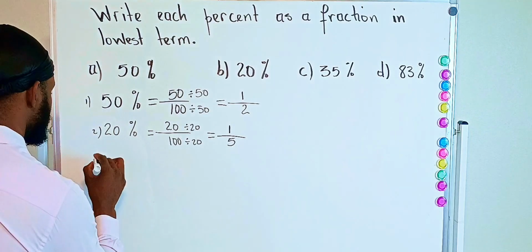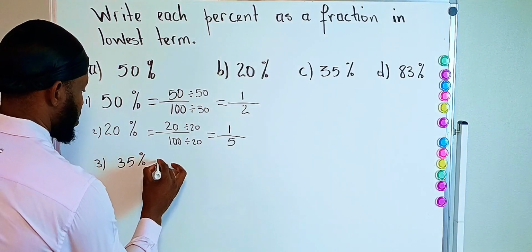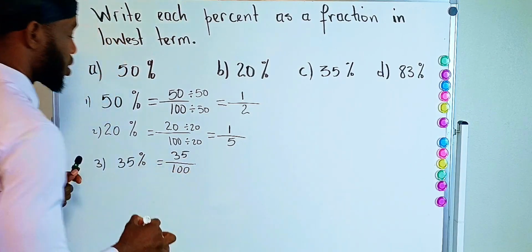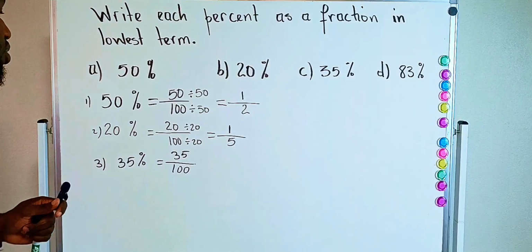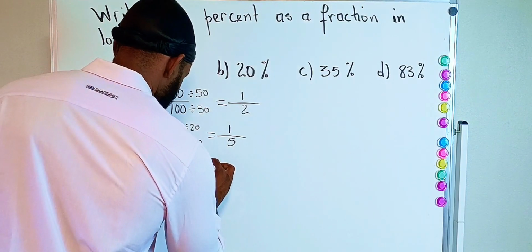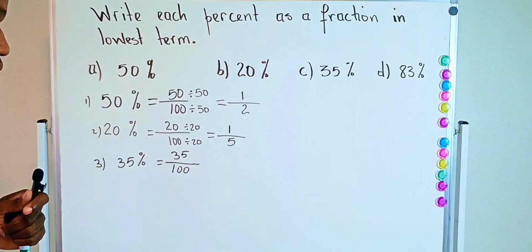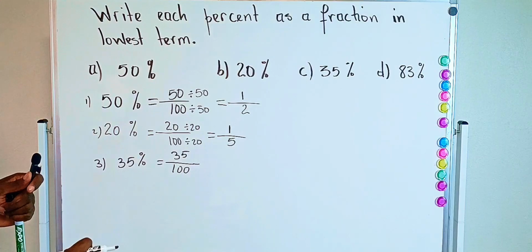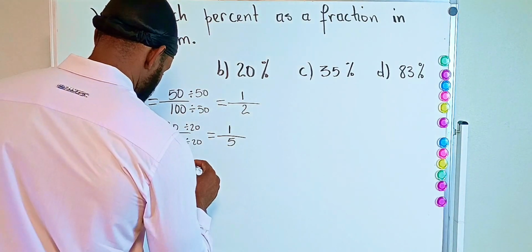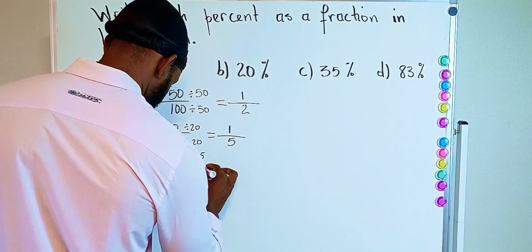So we got 35%, equal to 35 over 100. You can divide by what? If we list all the factors, we can take the greatest common factor between those two. So let's say it's going to be divided by 5, divided by 5.